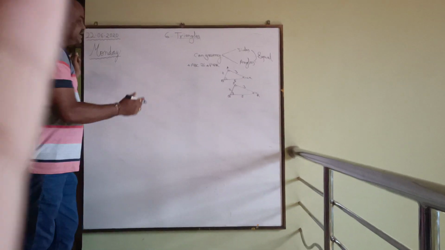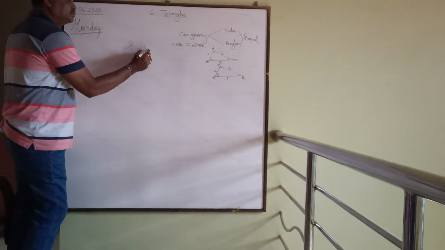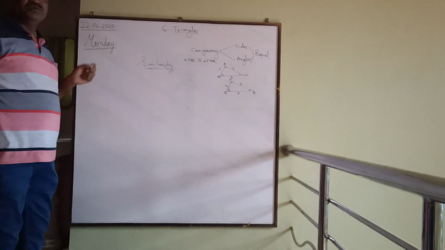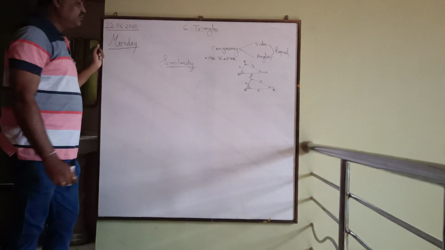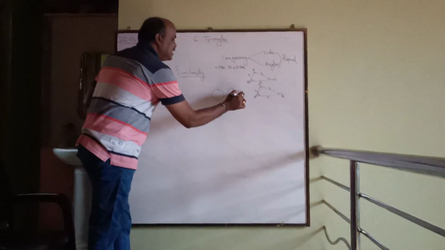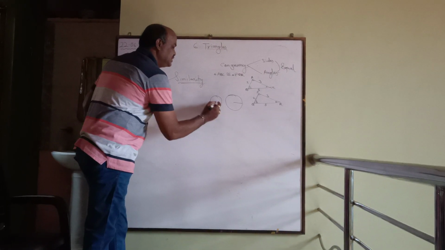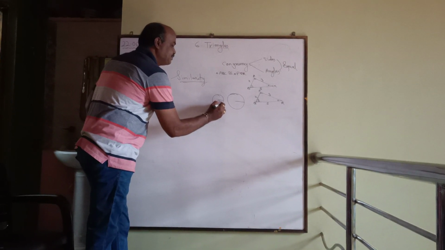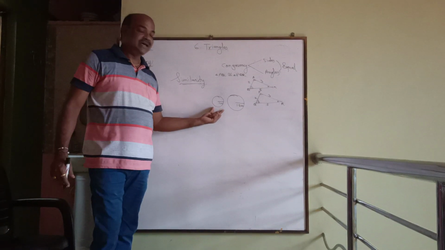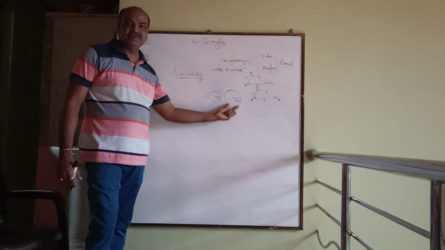Now, this year we have to deal with a new term, that is similarity of the figures. We know, friends, if I have drawn two circles with different radii, this circle has radius 1 centimeter and this one has 1.5 centimeter.